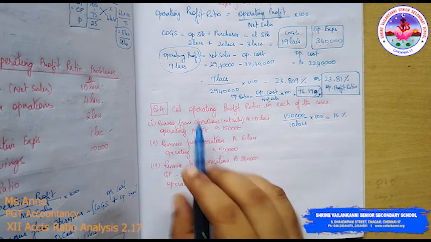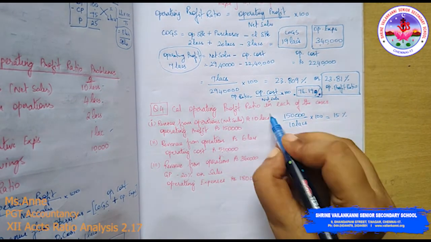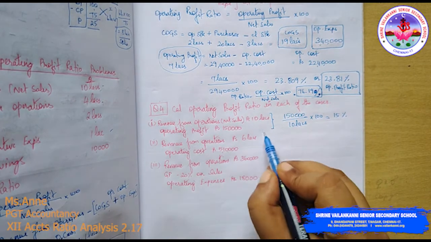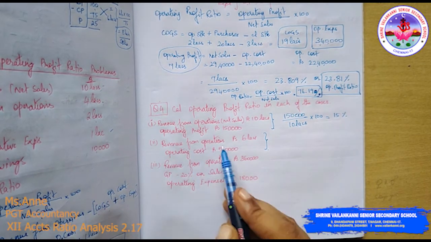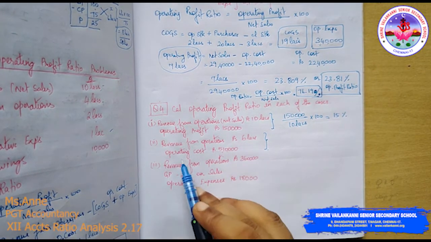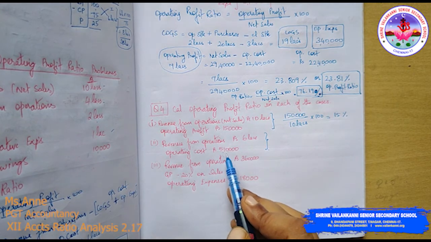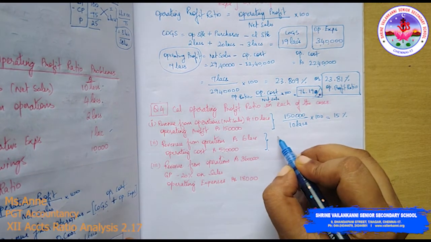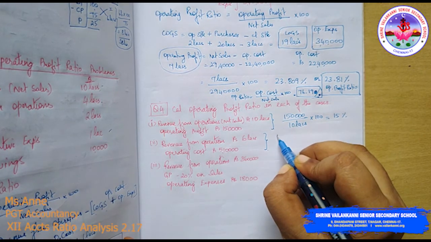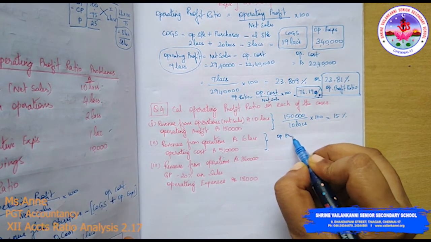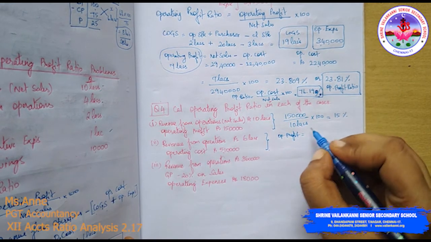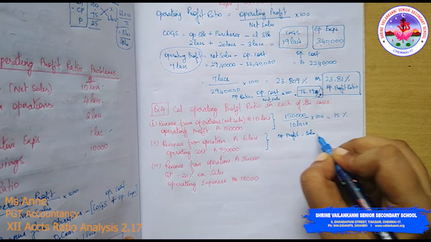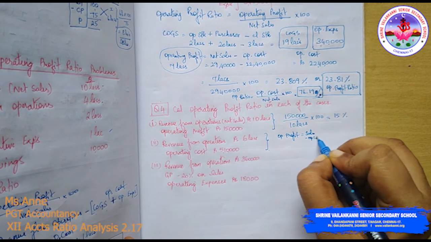15% is your operating profit ratio for this problem. Now for this, revenue from operations is rupees 6 lakhs, operating cost is 5,10,000. Now we need operating profit. So operating profit is equal to net sales minus operating cost.